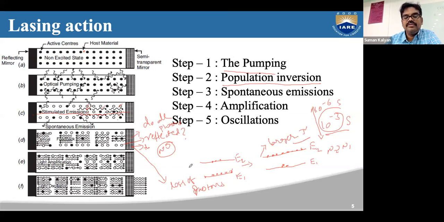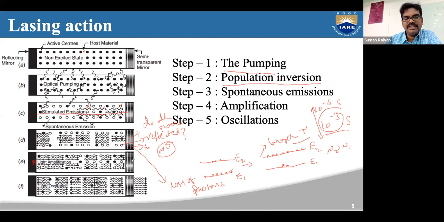So of course there is a loss of photons, but there will be a gain at this end. There will be loss here, and here there will be gain because of the reflection, because completely reflected photons will be stimulating the other atoms.